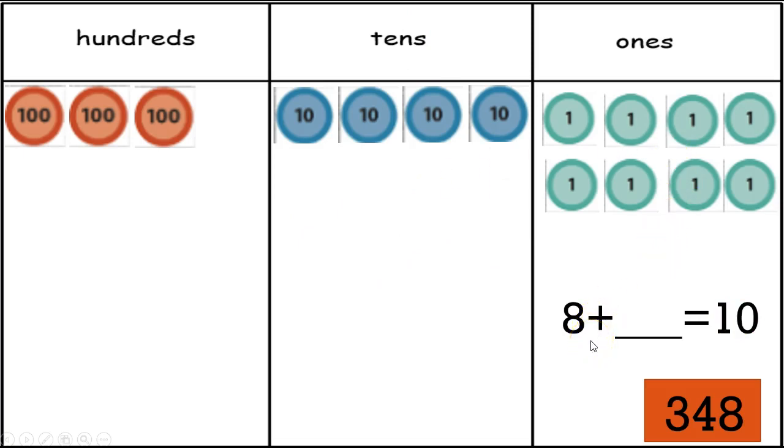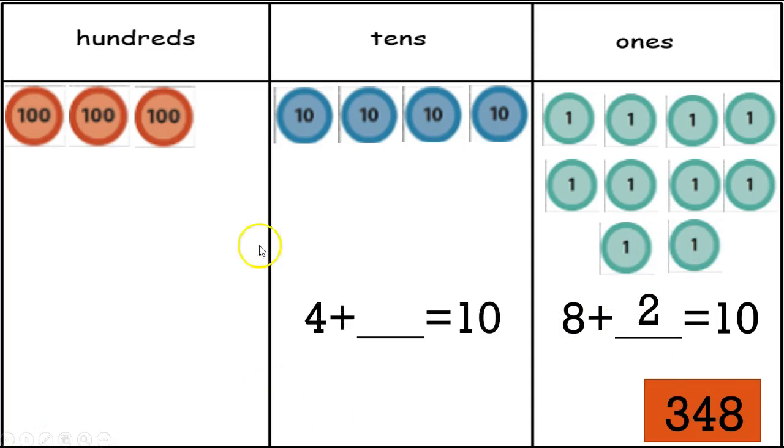Let's count and see how many more ones I would need to make the next bigger unit. 1, 2. I need 2 more ones to make 10. So 8, 9, 10. How about with my 10s? I have 4 tens here.